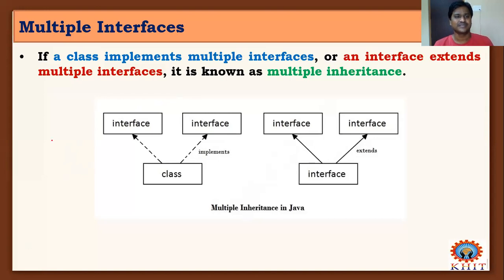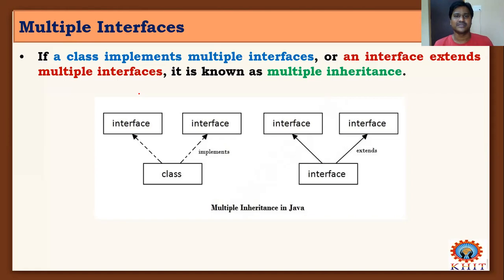So here, multiple inheritance is generally nothing but one interface and another interface, meaning the concept is related to multiple inheritance. More than one interface exists in our program, and classes are extending those interfaces at a time.